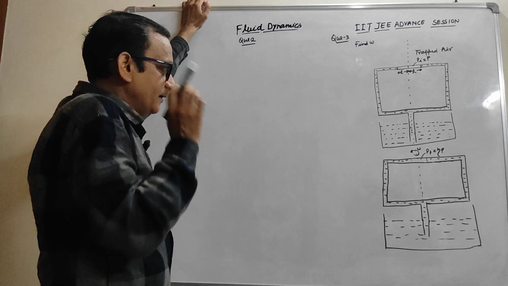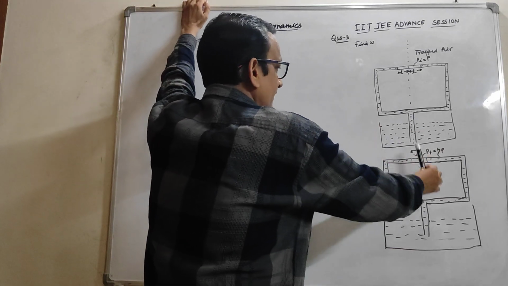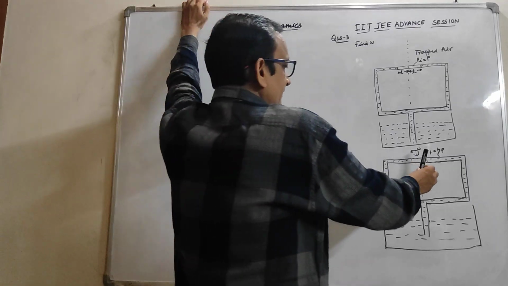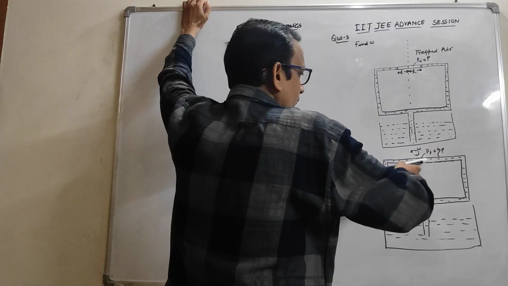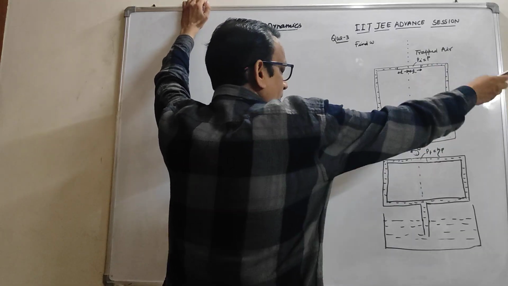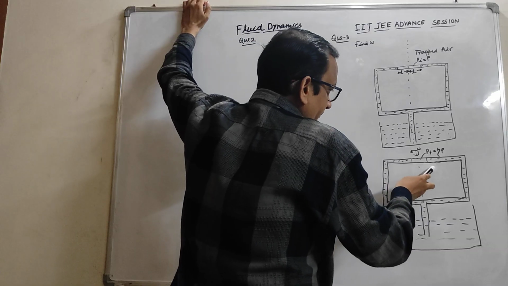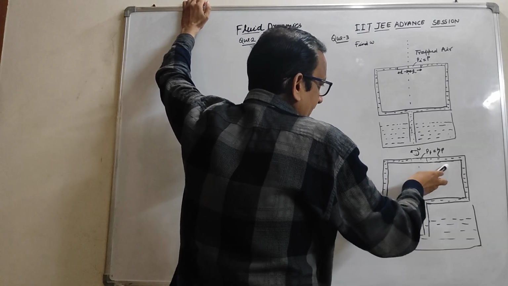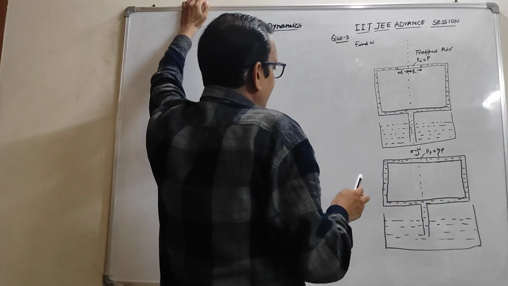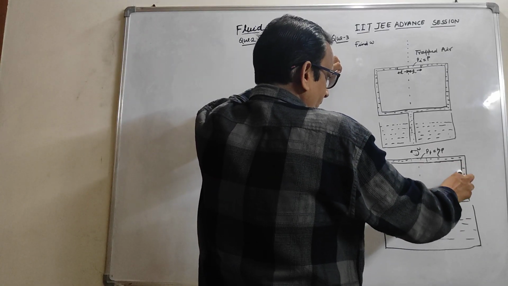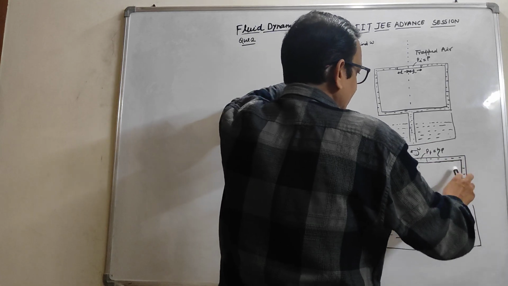So we can say when this rod is revolving around the vertical axis, the centrifugal force pushes the liquid outward. So gradually pressure increases, proportional to r square. But on moving downward, the pressure increases linearly.